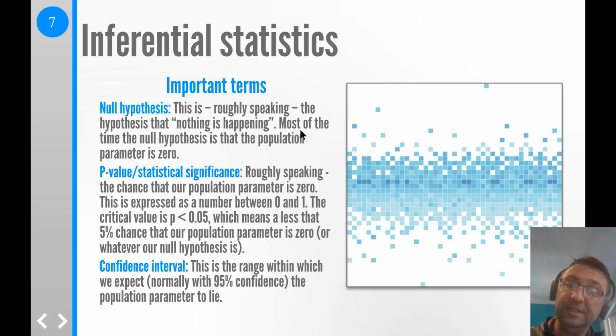So that then leads into our next concept of a p-value or statistical significance, which roughly speaking is the chance that our population parameter is 0.